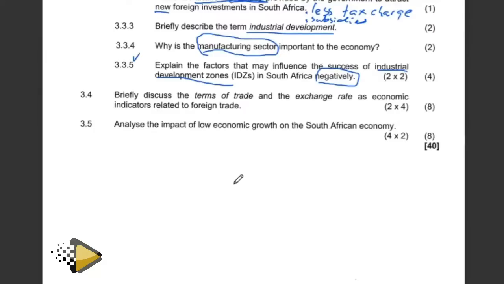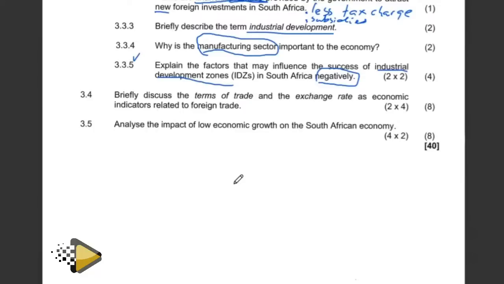As well, here in South Africa, we have a lot of poor use of resources, as well as poor management of resources. And if resources are poorly managed and not wisely used, that is going to stop or hinder the success of industrial development zones.